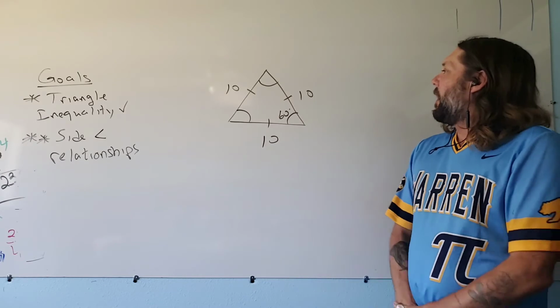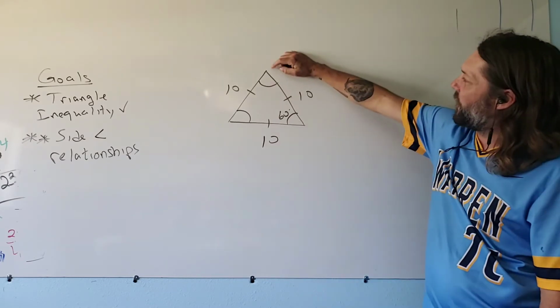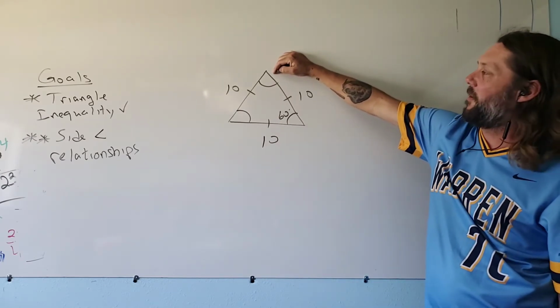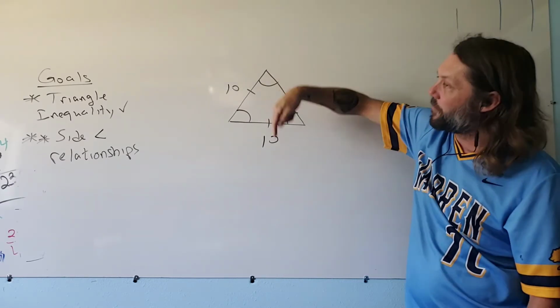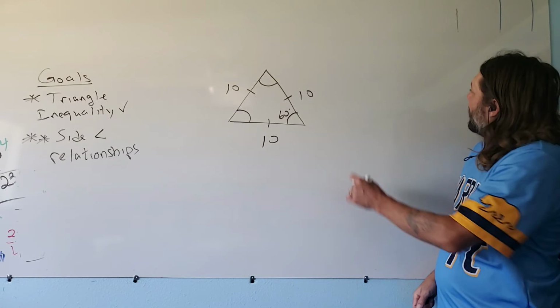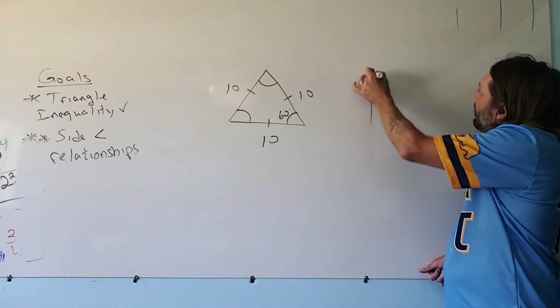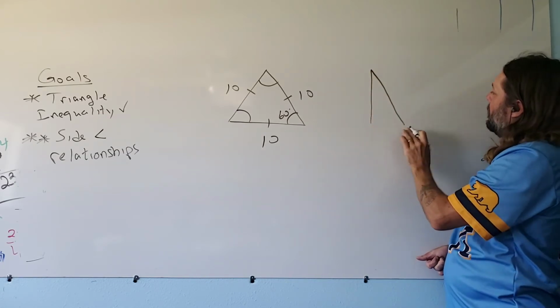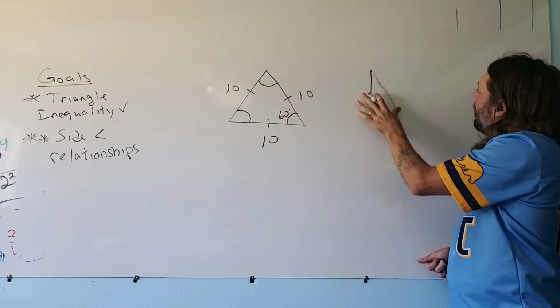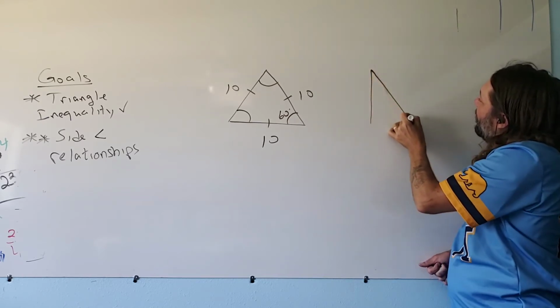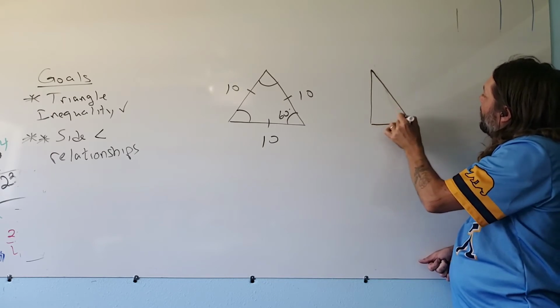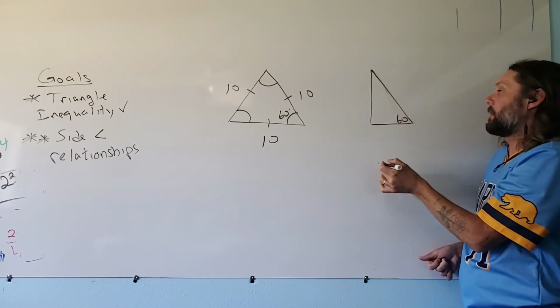Okay, so now we're allowed to cut an angle in half, right? And if we bisected a 60-degree angle and we drew a line down, that means that we would be left with a 60-degree angle.